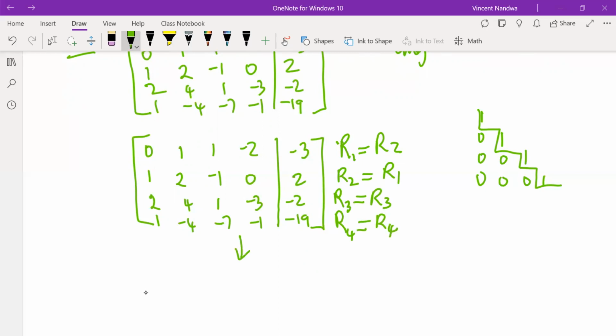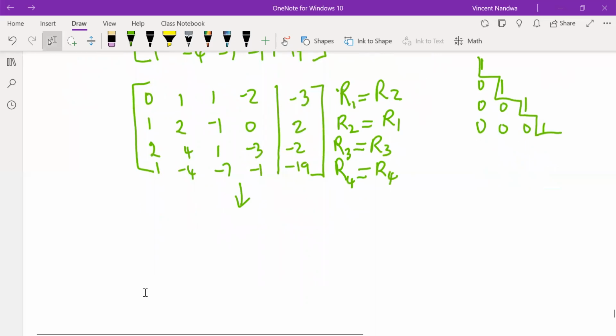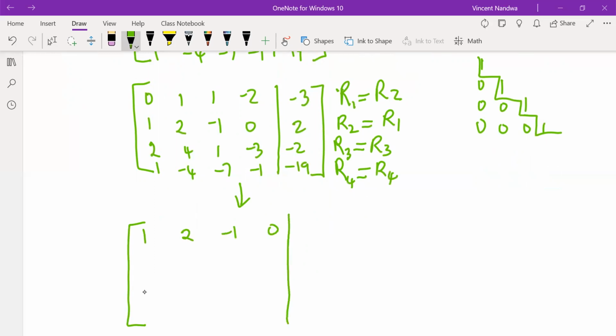So by doing that, we get 1, 2, minus 1, 0, 2, 0, 1, 1, minus 2, minus 3, 2, 4, 1, minus 3, minus 2, 1, minus 4, minus 7, minus 1, minus 19.